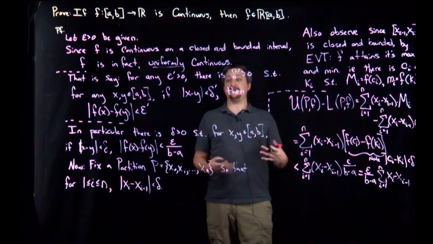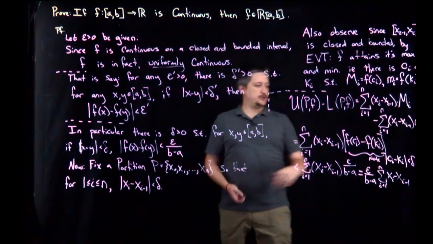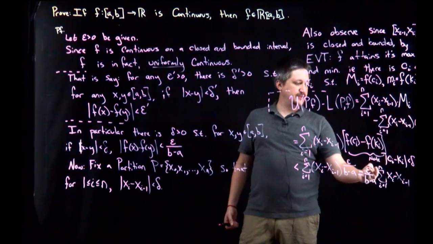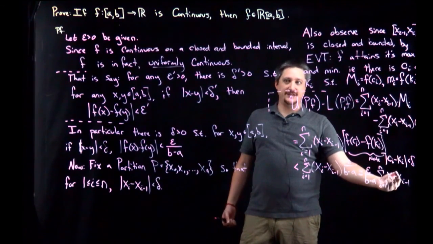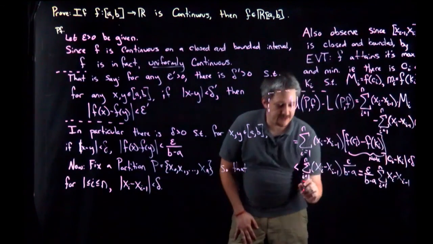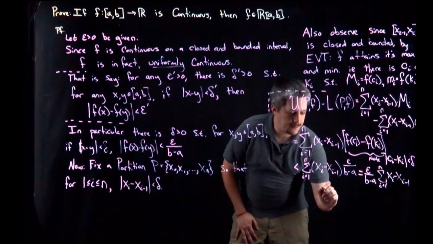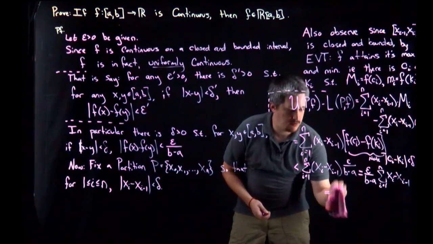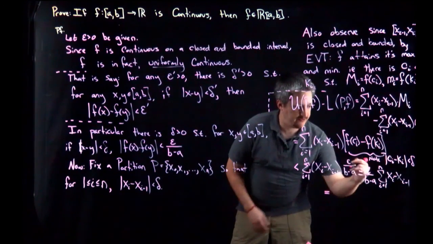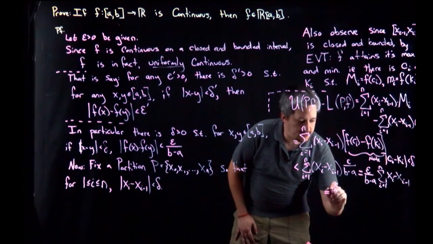And that is the most bare bones, quintessential telescoping series you can have. Since it telescopes, it's going to have the biggest piece, x_n, minus the smallest piece, x_0. But x_n is b, x_0 is a. Oops, sorry, getting ahead of myself here. Still have the epsilon over b minus a out front.